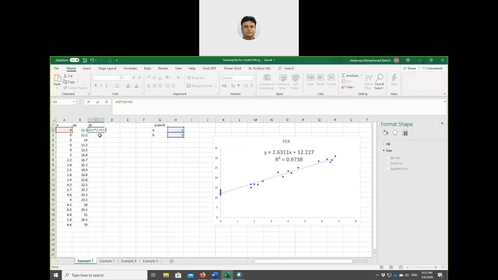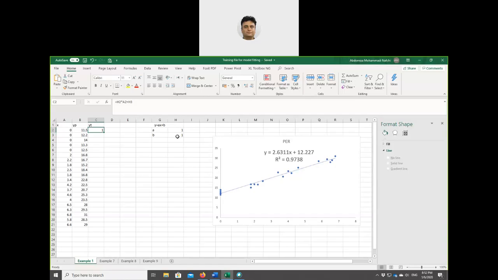Okay, so I just want to enter it. See, it's equal to H2. H2 is the amount of A, multiplied by X. X is here, this A2.